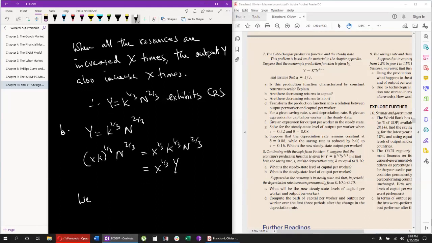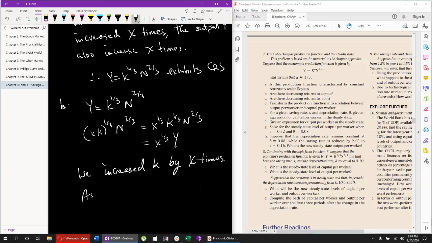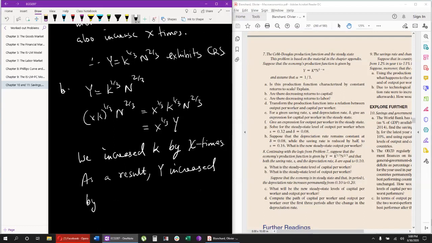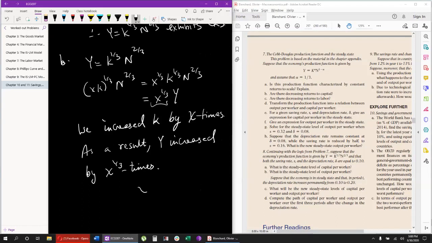So we increased capital by x times. As a result, output increased by how much? This much. By x to the power 1 by 3 times. And of course, we know that x to the power 1 by 3 is less than x.